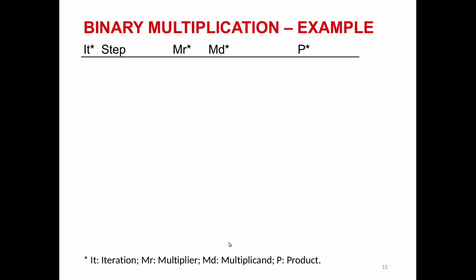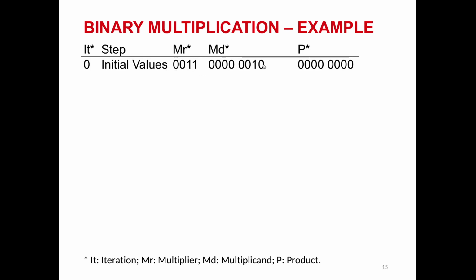Now we will go into our example in which we will look into the change of value inside the multiplier, multiplicand and product. In our example, we assume that the multiplier is 3, 0, 0, 1, 1 in binary.